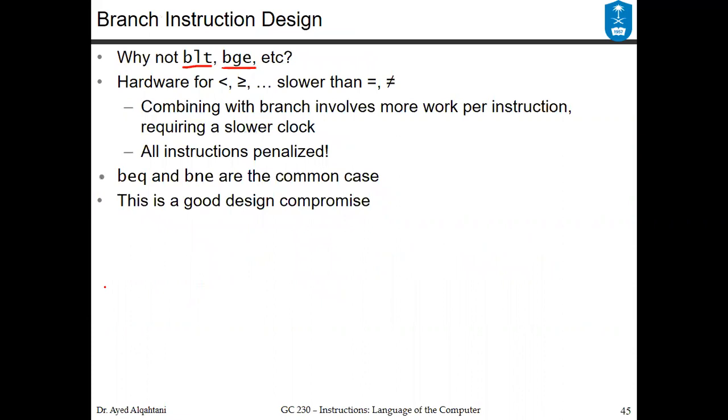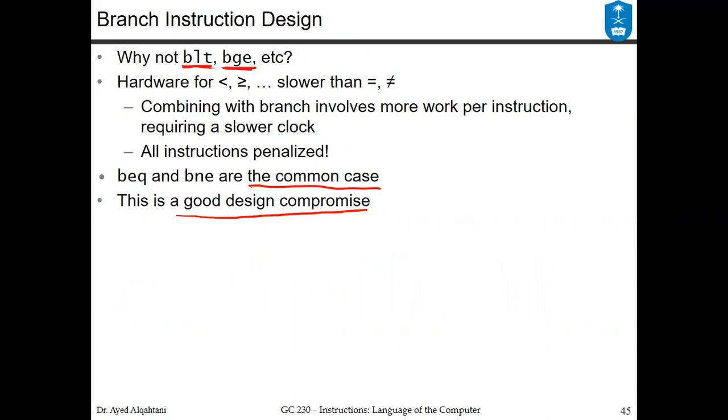The simple answer is to make the common case fast and to make good design compromises, and this will help us later by designing simpler hardware. Having many instructions that do the same thing sometimes creates redundant instructions that will be difficult to implement in the hardware.